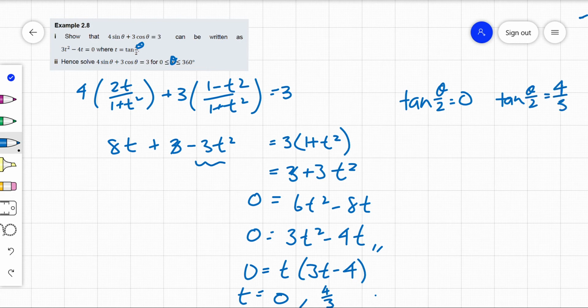Alright, one thing we should always check, because you can't use the t substitution if theta is 180 degrees, because then you'd get tan 90, which is undefined. That's where we've got our asymptote. So it is worth just putting 180 in here and checking to make sure it's not a solution.